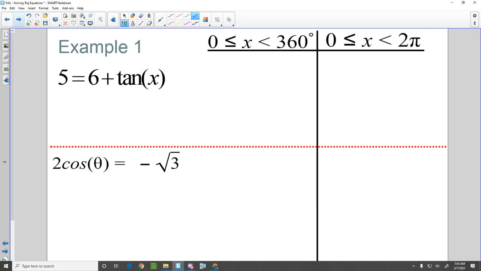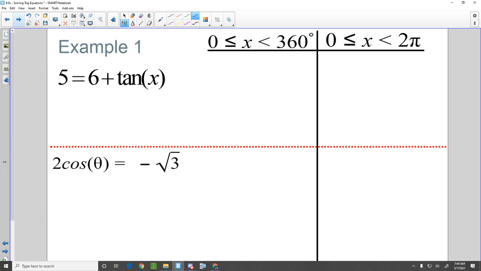Now remember I said there are 2 steps for solving these equations. First thing we want to do is try to isolate, or get by itself, the trig function. Well, what's my trig function in this first example? Tangent. Is the tangent all by itself on one side of the equal sign right now? No. What else is on that side with the tangent? Got to get rid of that 6, right?